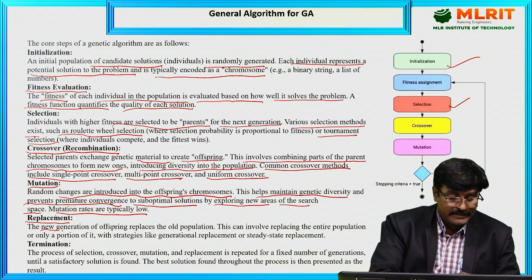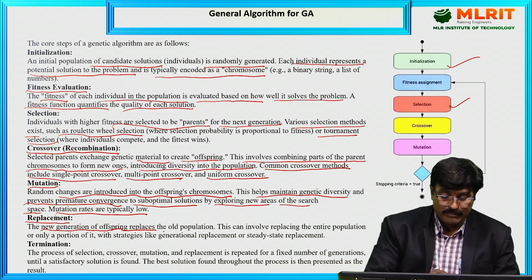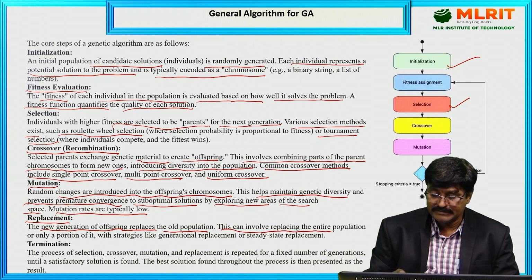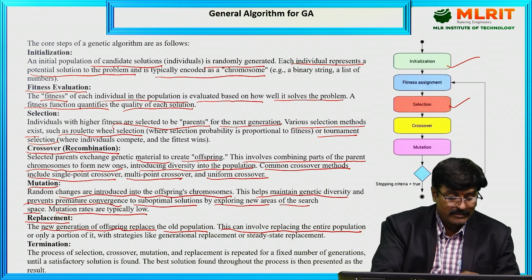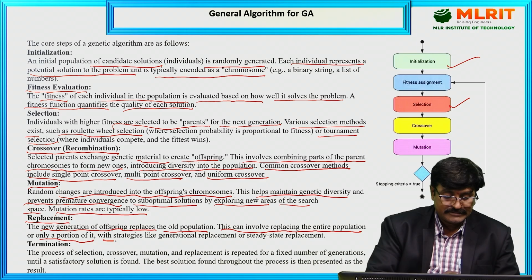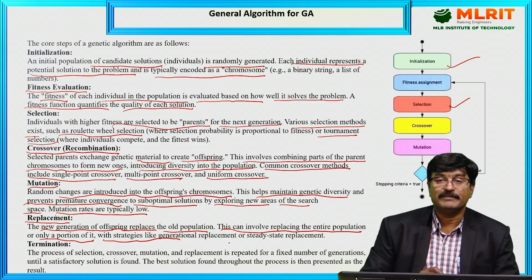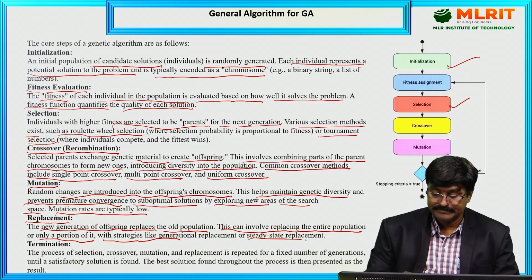The new generation of offspring replaces the old population based on fitness. This can involve replacing the entire population or only a portion of it, with strategies like generational replacement or steady state replacement.